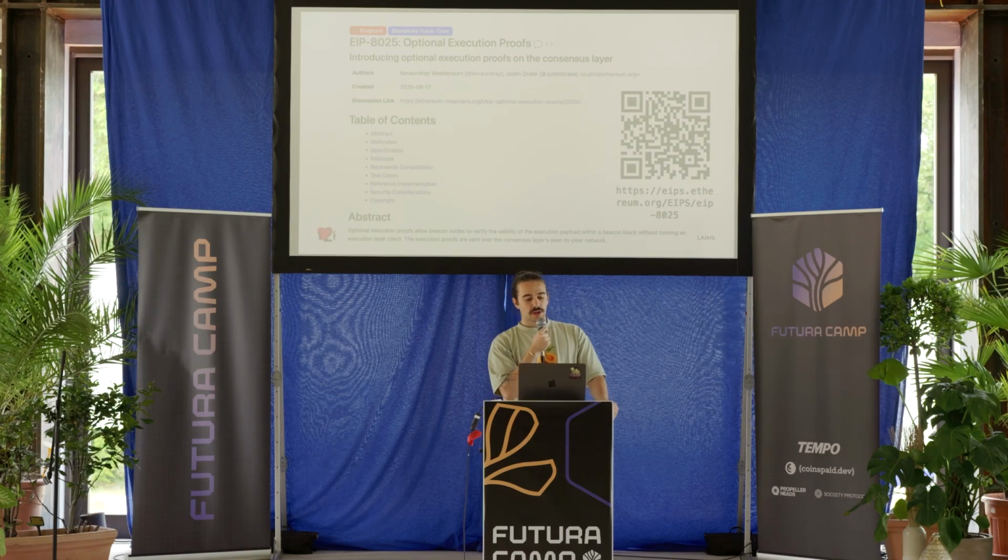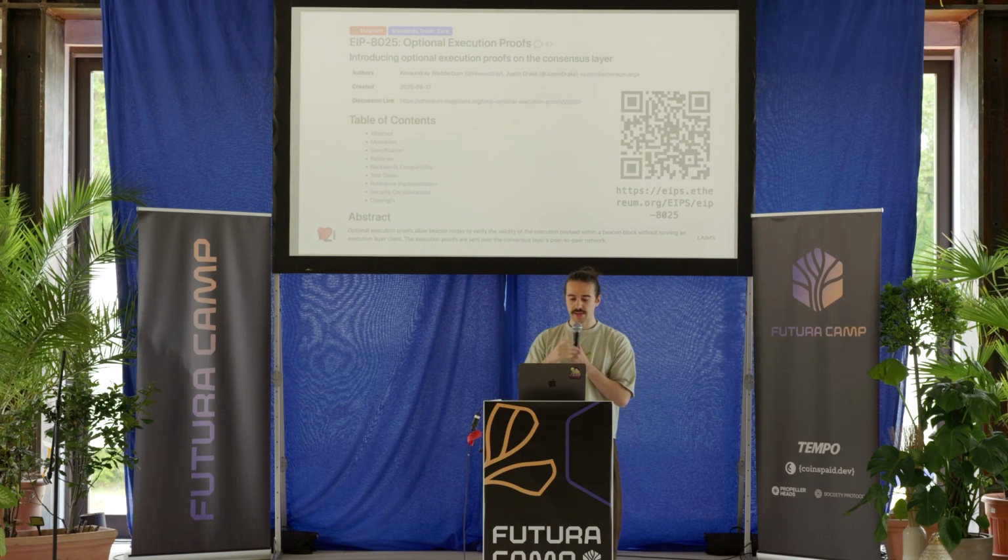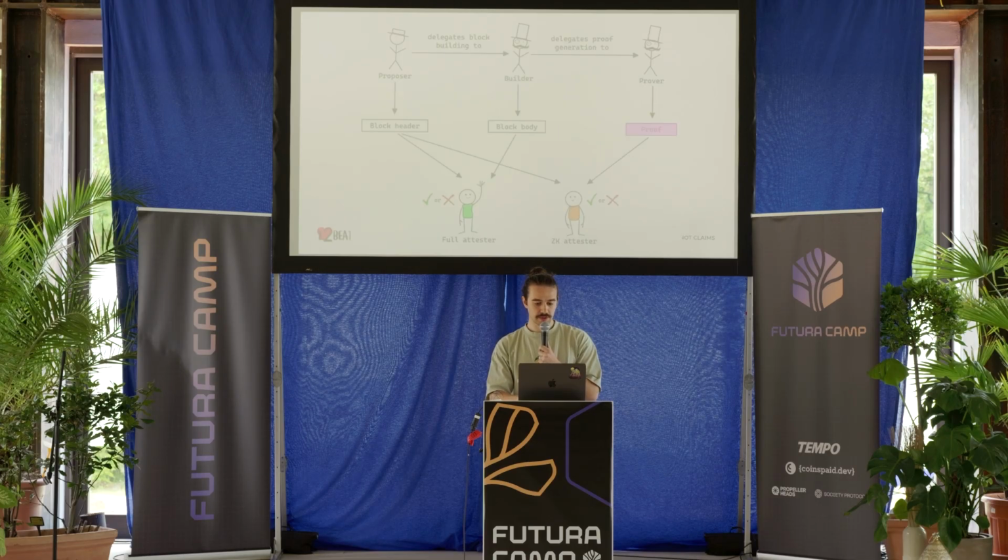So in the near future, maybe, if you're running a validator, an attester, you will be able to attest without having to execute the blocks and without having to hold the state, just by verifying a ZK proof. And again, what this EIP does is just defining all the primitives, like the spec to do this, but this will be an option. And this is more or less what it looks like, right?